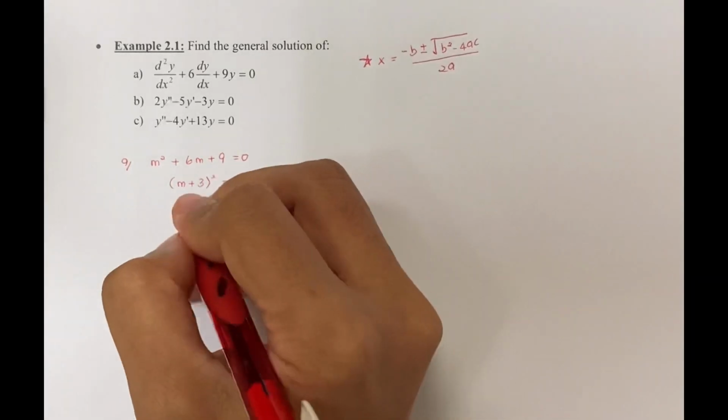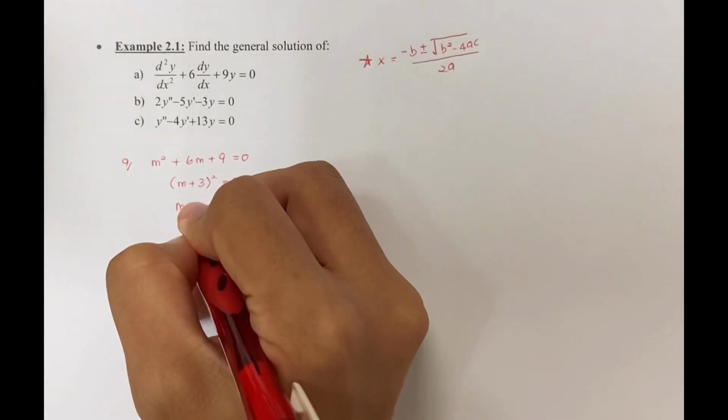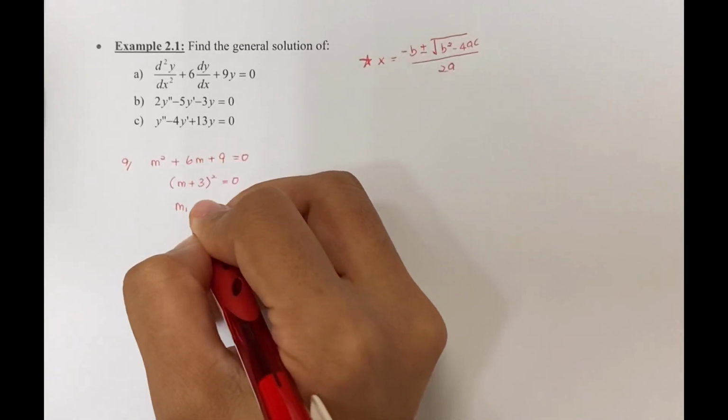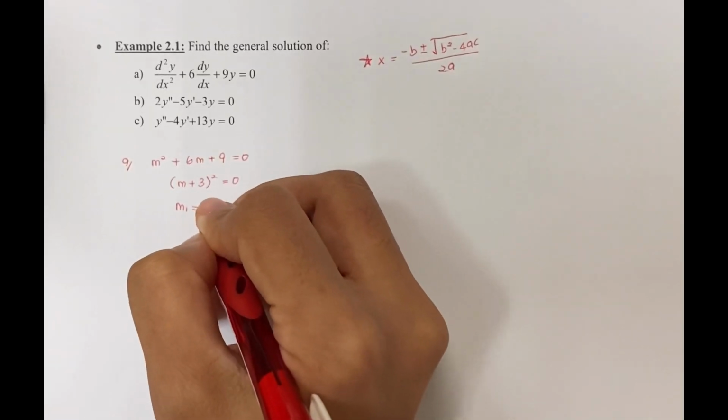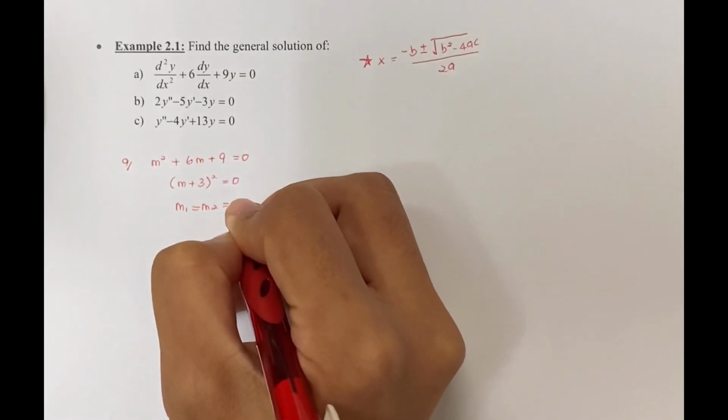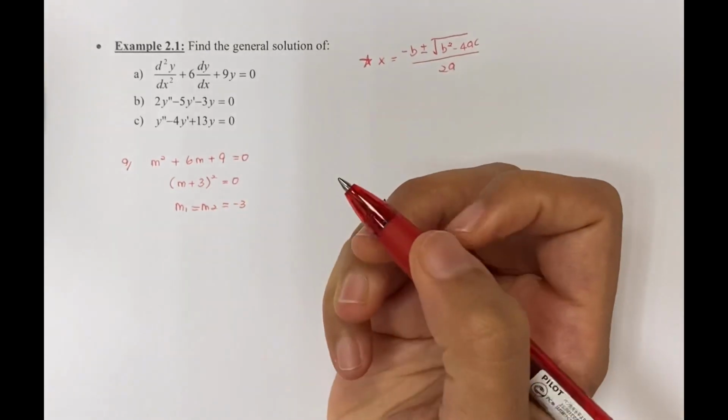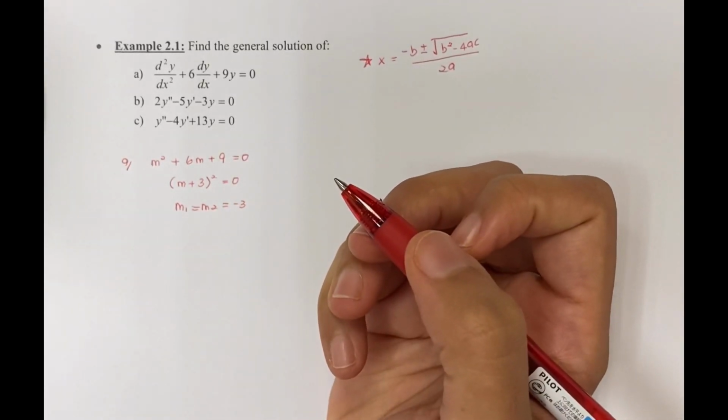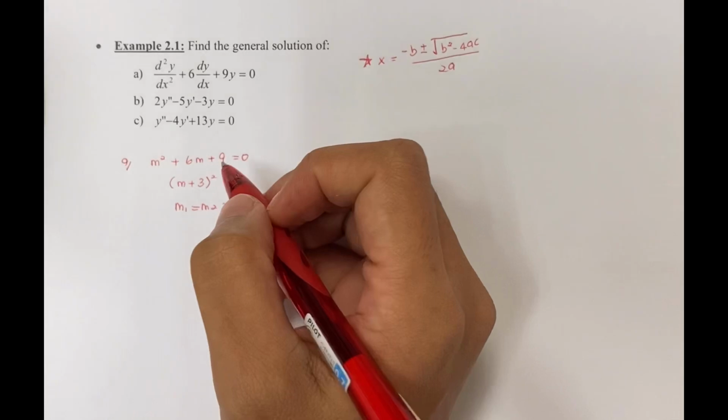But make sure you write what your m is. So for this case, we have m1 equal to m2 equal to negative 3. Make sure you write both roots for the quadratic equation.